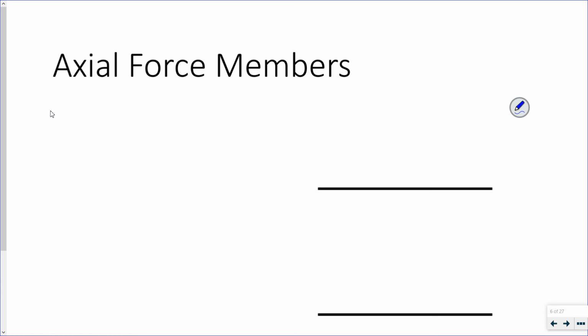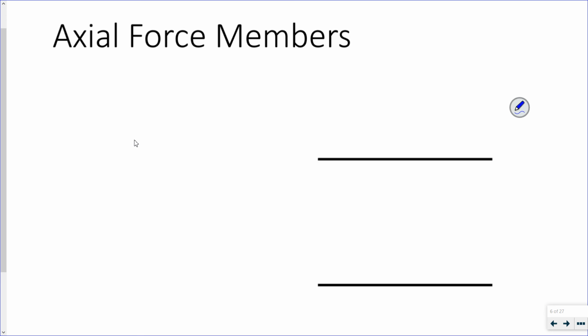Now I mentioned I don't want to apply any loads on the members, not at the joints, and that's because I want my members within the truss to remain axially loaded only. They're not going to have moment, they're not going to have shear, they're only going to have axial load.